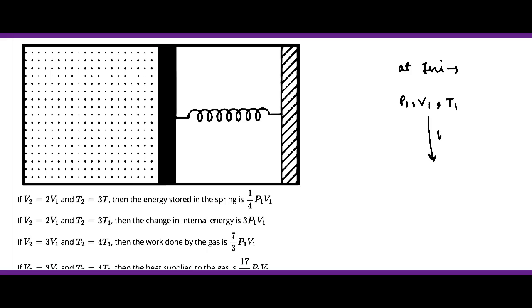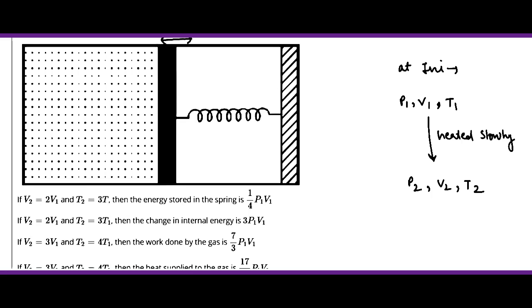Now we heat it slowly and after that my pressure is changed to P2, volume is V2 and temperature is T2, and there is a displacement in the piston by x.